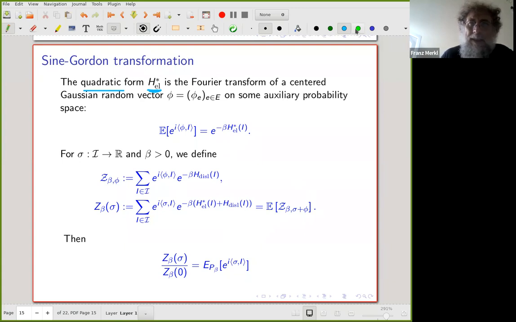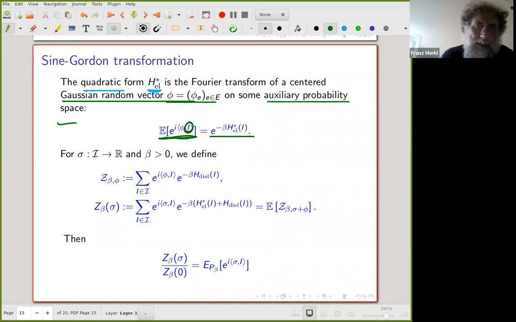So we take an appropriate centered Gaussian variable on an auxiliary probability space, which we denote by phi, such that the Fourier transform of phi equals the Boltzmann weight of our elastic part of the energy, so e to the minus beta h elastic minimizer of I. So this is a funny idea, because inside this expectation now, I, which describes the Burgers vectors, is linear in the exponent, while here it's quadratic in the exponent.